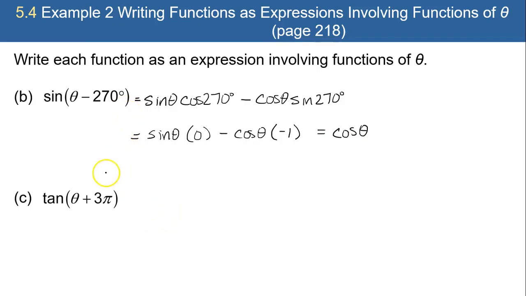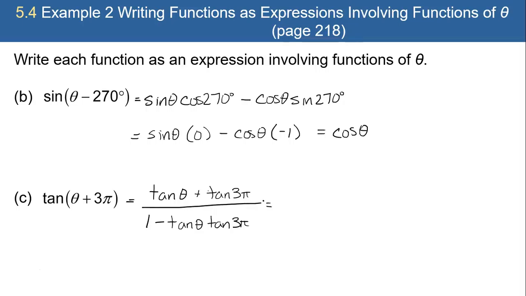Let's do this one more time, but with tangent. Using the sum identity for tangent, I'm going to split this up and say tangent of angle theta plus tangent of 3 pi, and that's all over 1 minus tangent of theta times tangent of 3 pi.